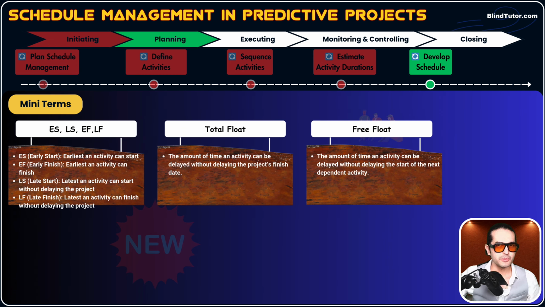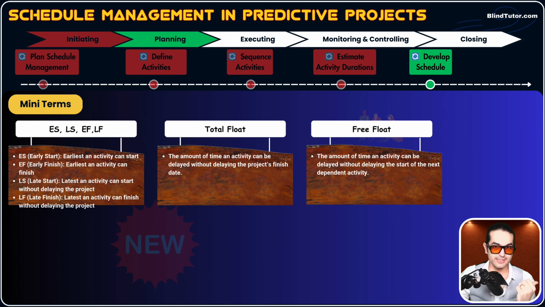Now, free float. There's a difference between total float and free float. Free float is the amount of time an activity can be delayed, same definition so far, without delaying the start of the next dependent activity or successor activity. The next activity is called what? Successor activity.